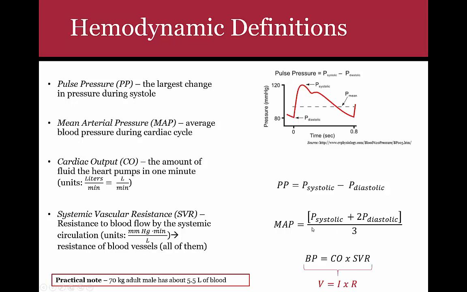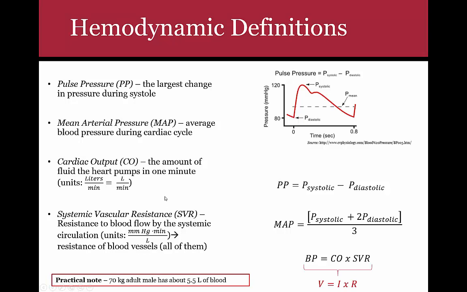And again, that comes from the fact that you're in systole for about a third of the time, and diastole for about 2/3 of the time. What that means is, in 1 second, if you have 60 beats per minute, you're in systole for about 0.3 seconds, and you're in diastole for about 0.6 seconds.